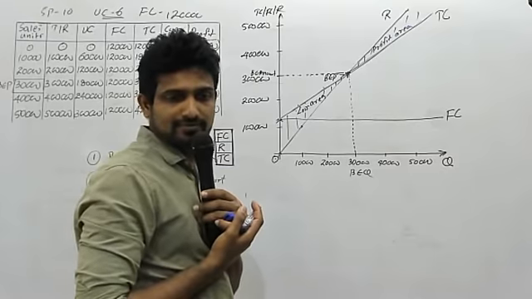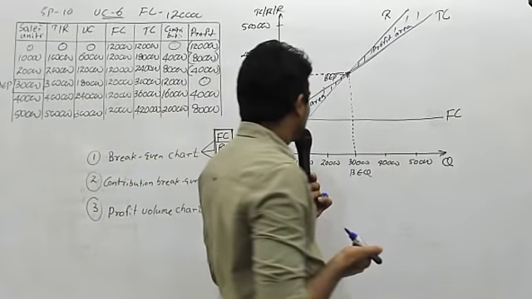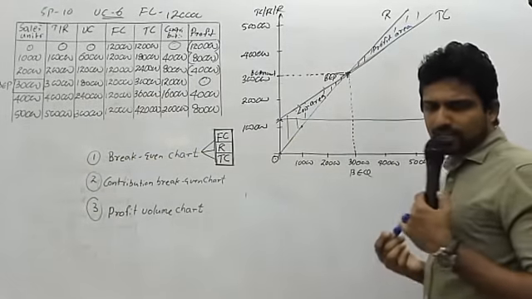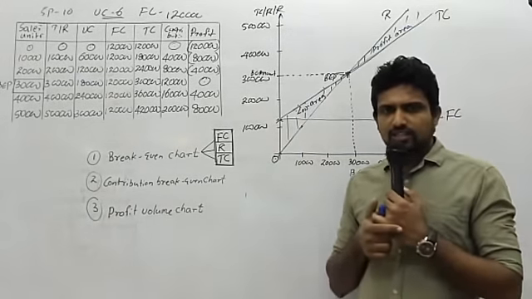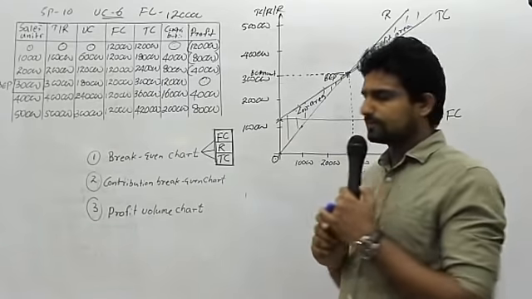And one more thing. I told you the expected sales quantity. What is the expected sales quantity? 40,000.